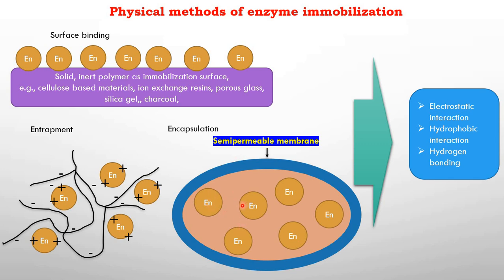This process is without any interaction. These interactions usually do not happen in the case of encapsulation. It simply separates the enzyme molecules from the outside environment. So this is the physical method. It may be adsorbed or it may be entrapped. Entrapped means either it is completely interacting through electrostatic, hydrophobic or hydrogen bonding interaction, or it is simply the encapsulation method.